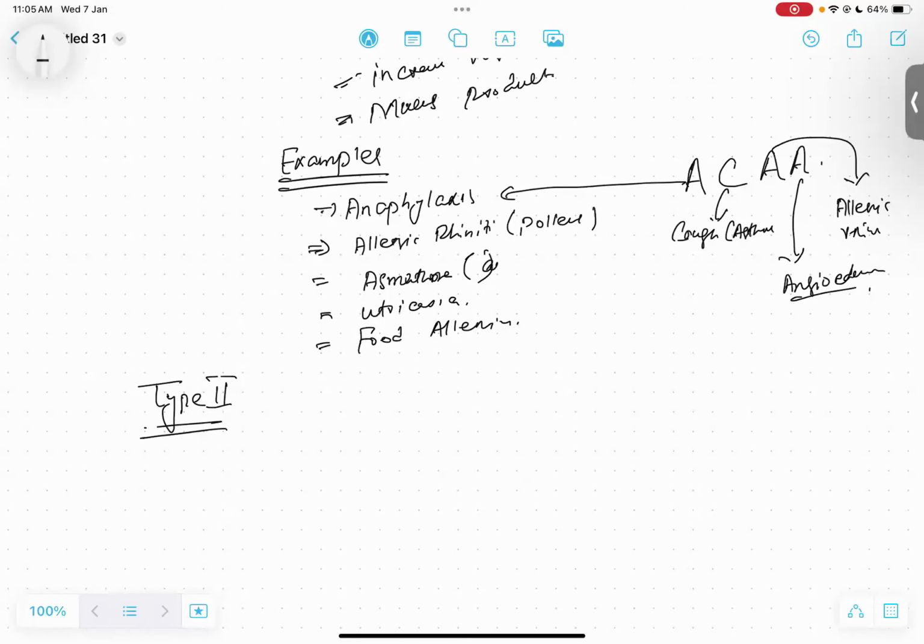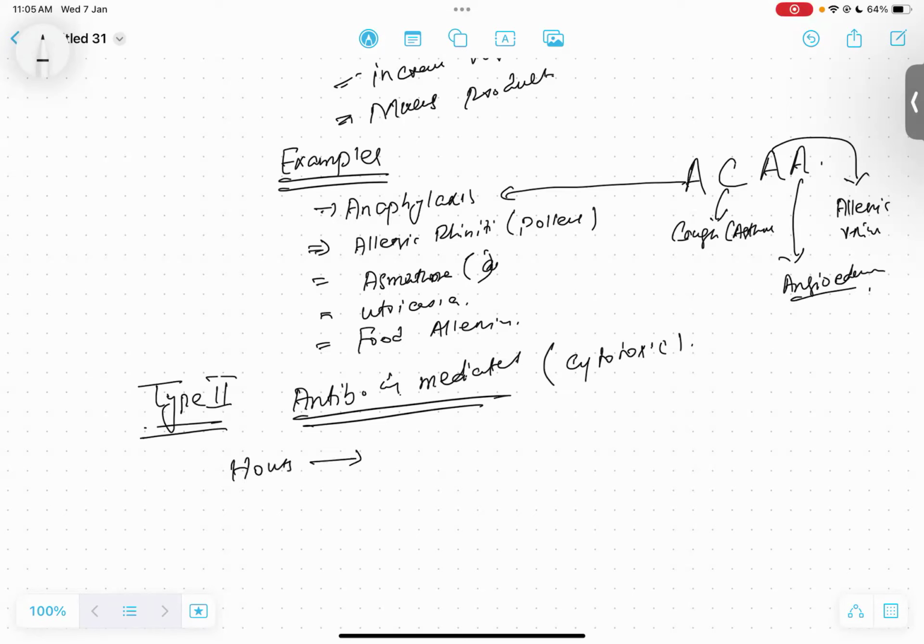Type 2 is antibody mediated, and it is called cytotoxic.